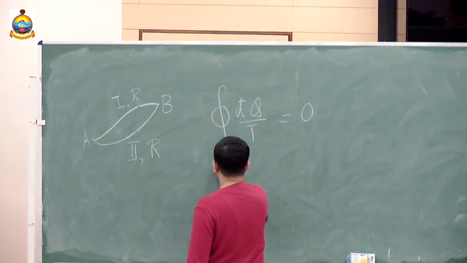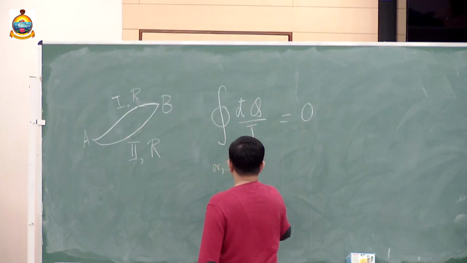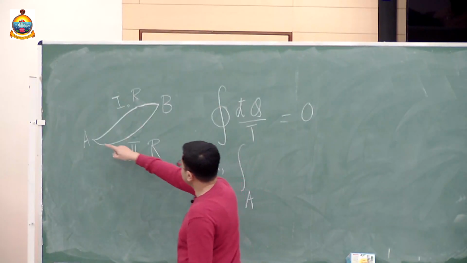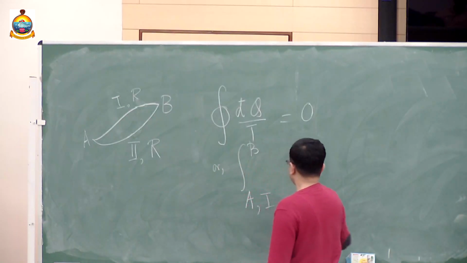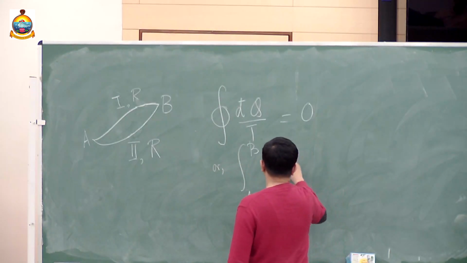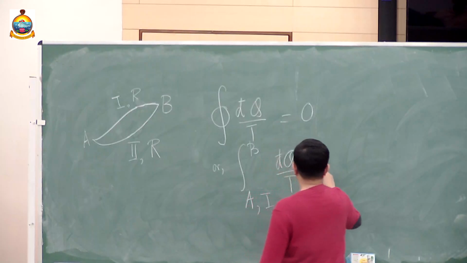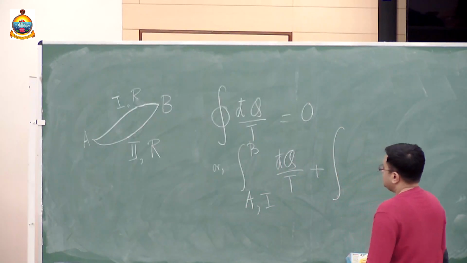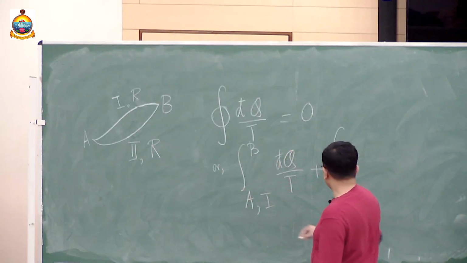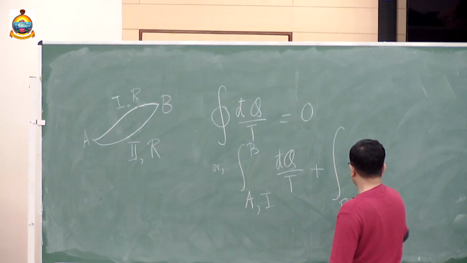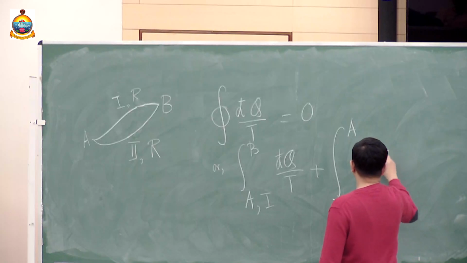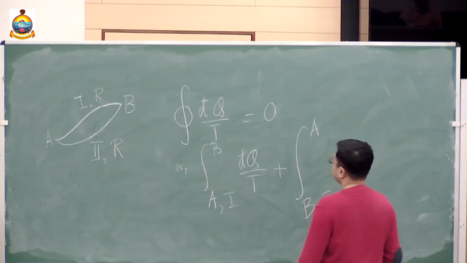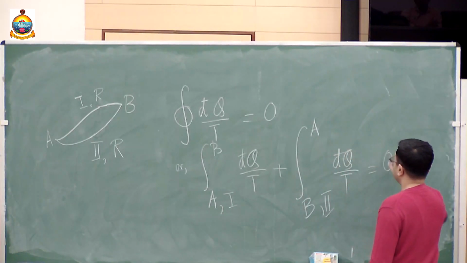Now I can break this up into two paths. I go from A to B along path 1, integral of d cross q by T, plus I go back to A along path 2, d cross q by T, equal to 0.